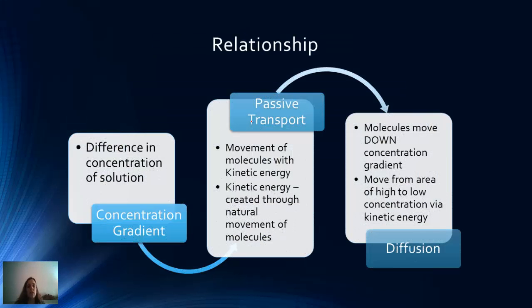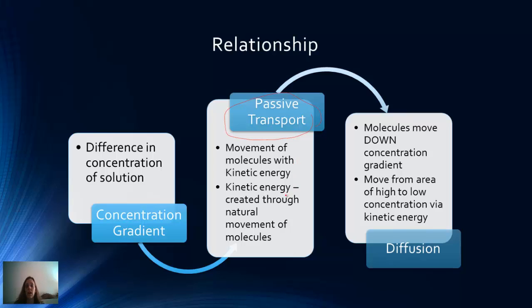So the difference in concentration in a solution, meaning that when there is a higher concentration in one area and a lower concentration in another area, molecules via kinetic energy are going to move down the concentration gradient. And this is known as passive transport. Passive transport is the movement of molecules with only kinetic energy, no other added energy.